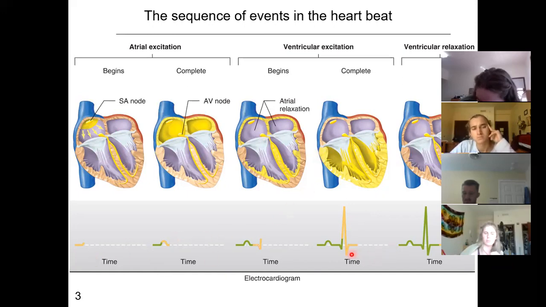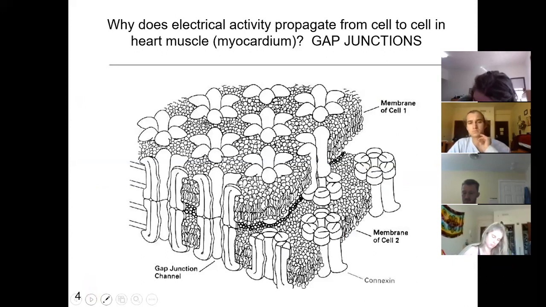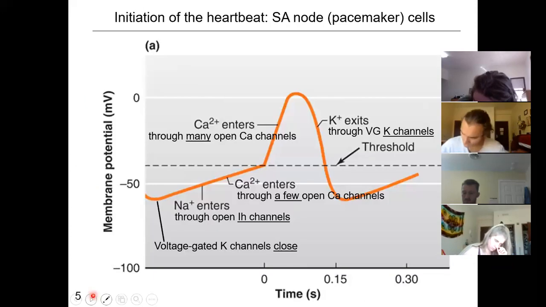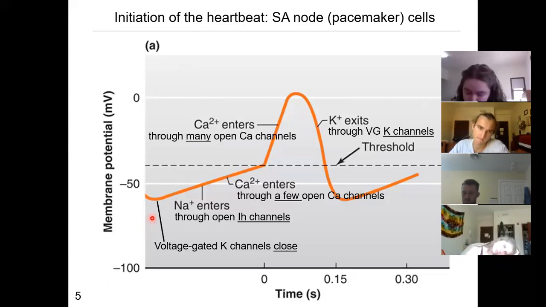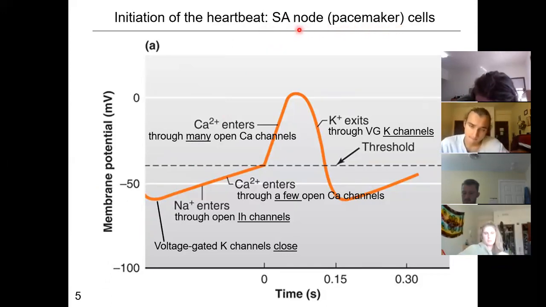That pattern is going to generate the electrocardiogram, but we're going to talk about that next week. So now let's figure out how the heart does this. I'm going to skip this slide and come back to it. So this is a slide that shows the action potentials in the pacemaker cells of the SA node.